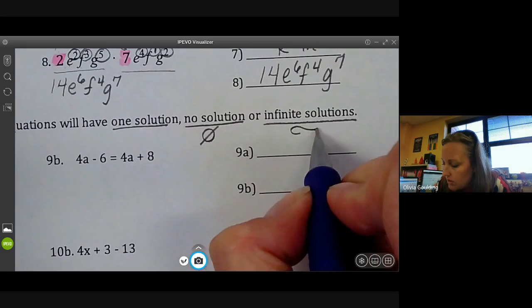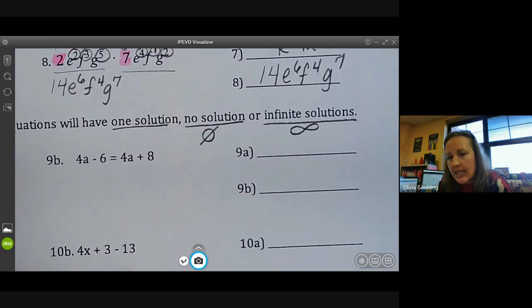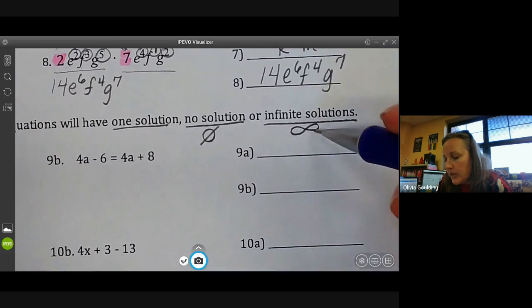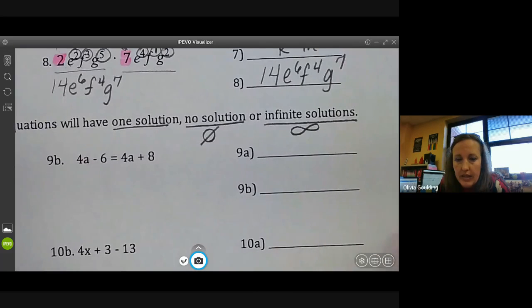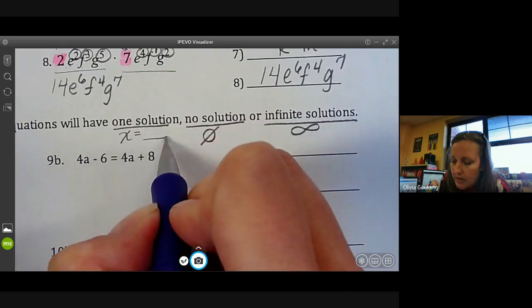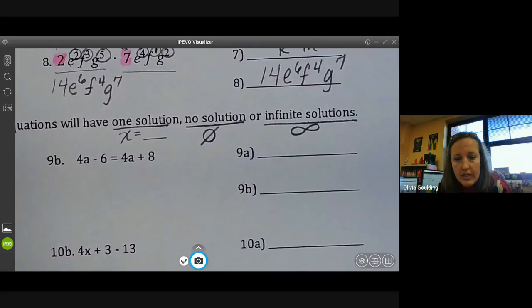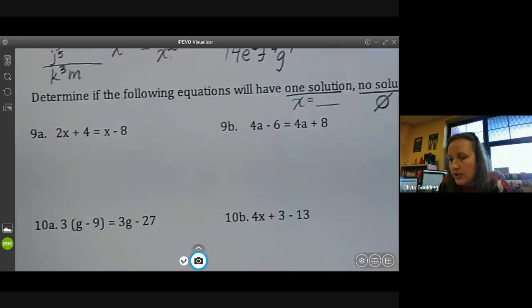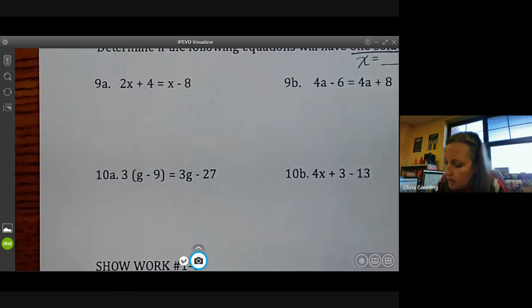And if it has infinite solutions, we can use that 8 laying on its side, that's infinity. So we can either write these out or use these. If it has one solution, I'm going to get x equals some number. Okay, so let's check it out.